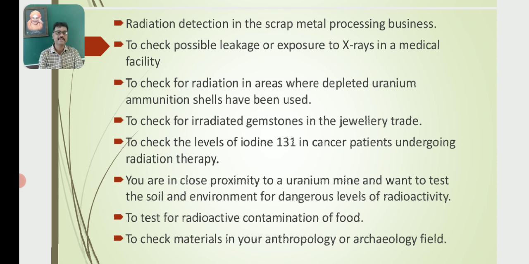The Geiger-Müller counter is used to check for irradiated gemstones in the jewelry trade. They are used to check the levels of iodine-131 in cancer patients undergoing radiation therapy.